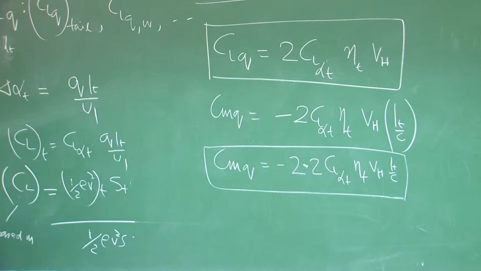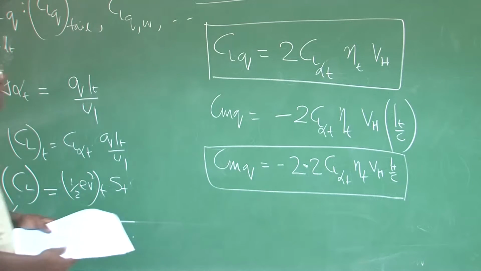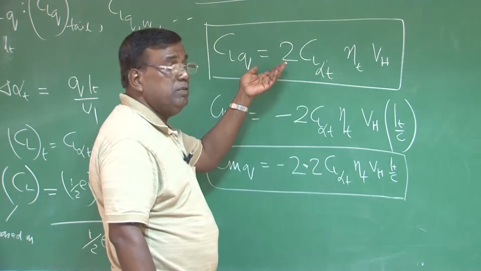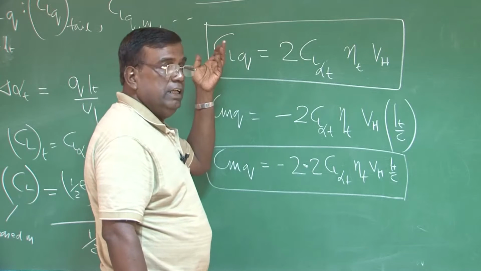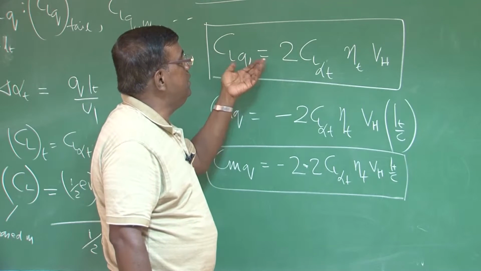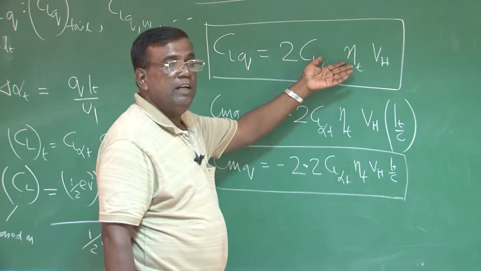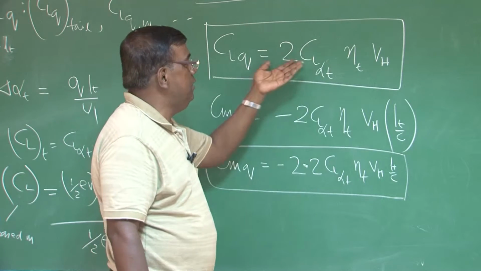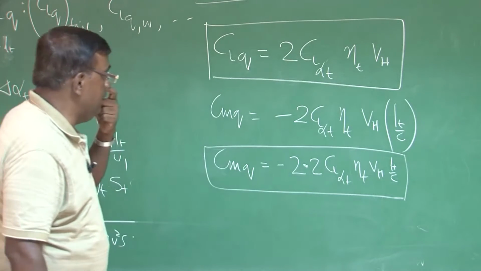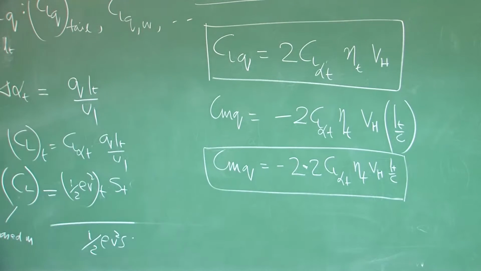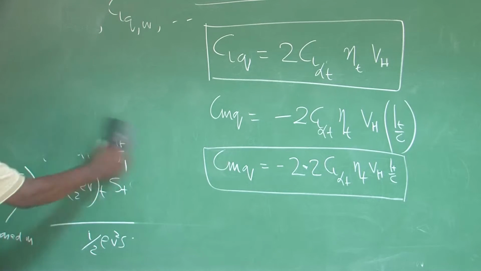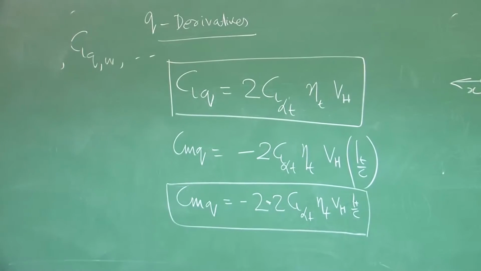Please understand this. So, we know the expression of CLQ and CMQ. We derive this expression just to convince you that although they look very nasty, they are very simple to estimate. I know CL alpha tail, I know the ratio of the dynamic pressure, maybe 0.9, 0.95. I know tail volume ratio. What is the problem? I can find out these derivatives, right? As a designer, you always associate all these derivatives with numbers.